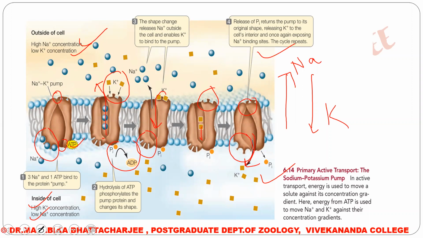The out gate can only open once the in gate closes, and vice versa, the in gate only opens after the out gate closes. So this is primarily how ions are moved from one side of the membrane to the other side of the membrane with the help of pumps.